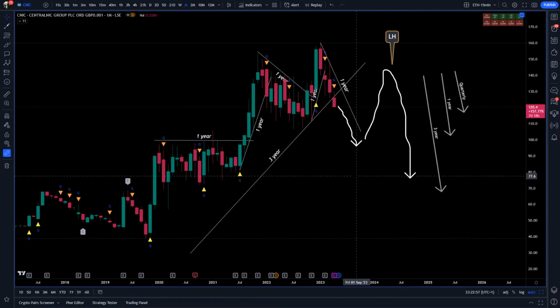This strategy can be used according to your preferred, desired holding period of time for your trade.